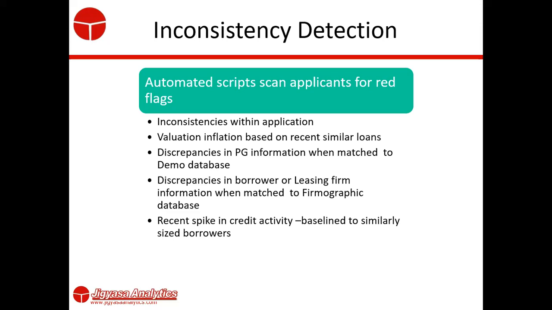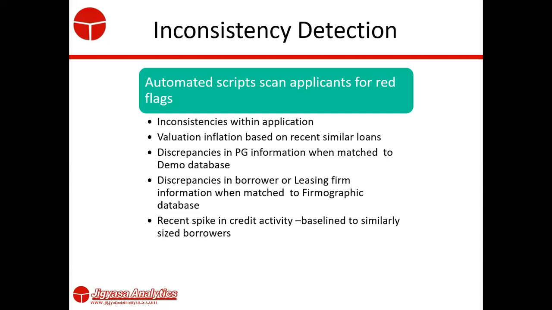Inconsistencies within the application, valuation inflation based on recent similar loans, discrepancies in PG information when matched to demographic database, discrepancies in borrower or leasing firm information when matched to firmographic database, recent spike in credit activity baseline to similar size borrowers.